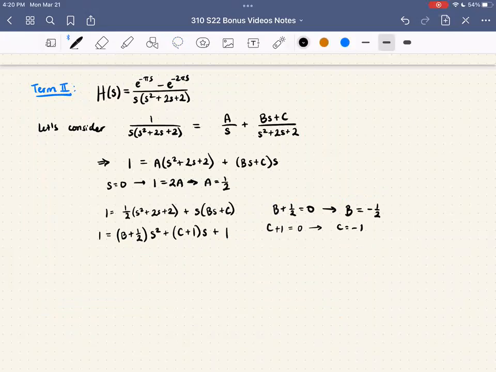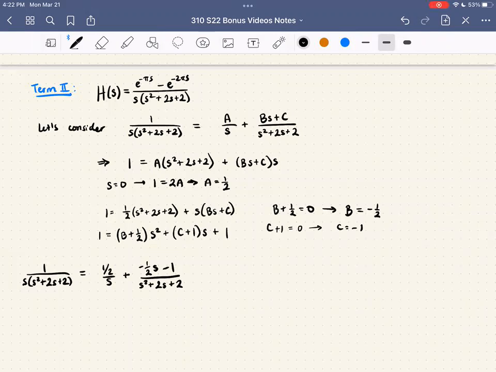Okay, so far we have 1 over s times s squared plus 2s plus 2. That is equal to A, which is a half over s, plus B is -1/2 s times s, and then C is -1 over s squared plus 2s plus 2.